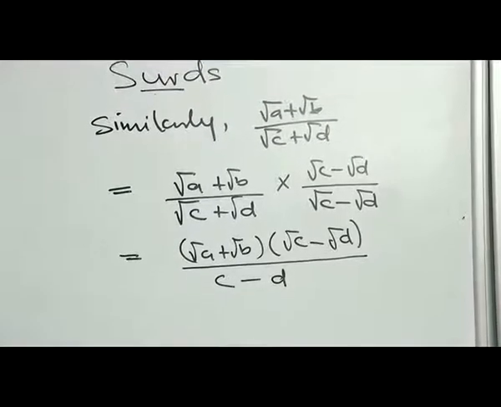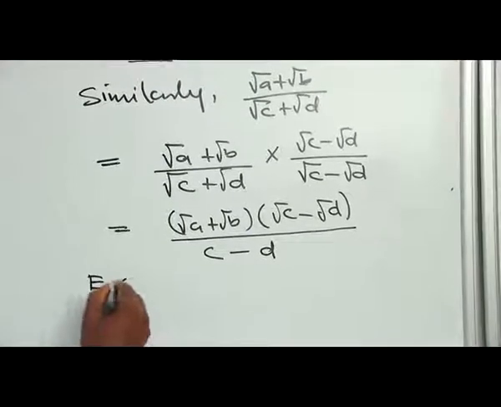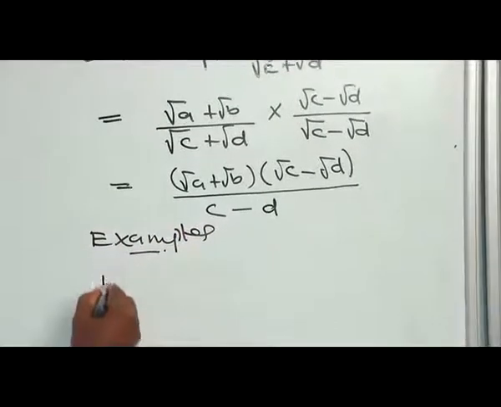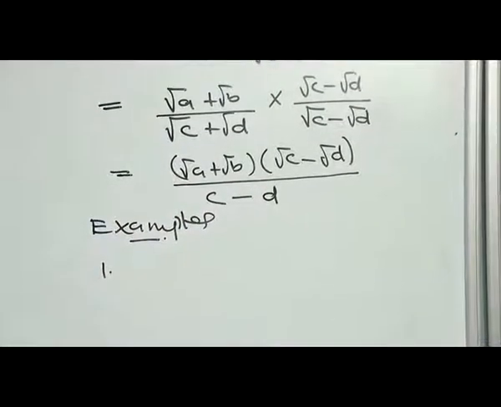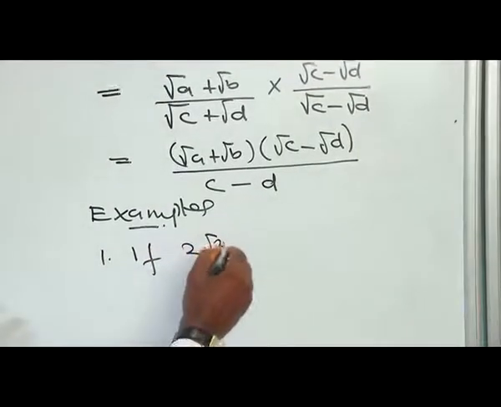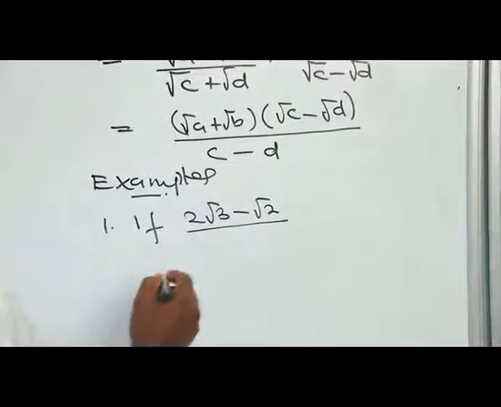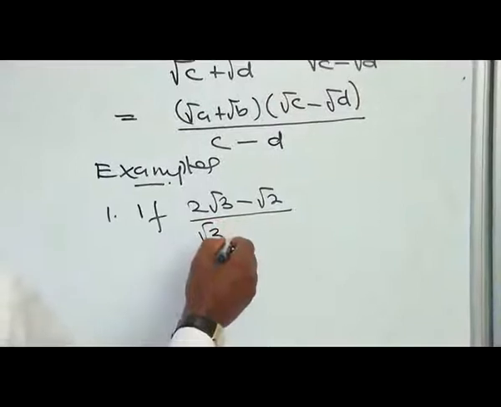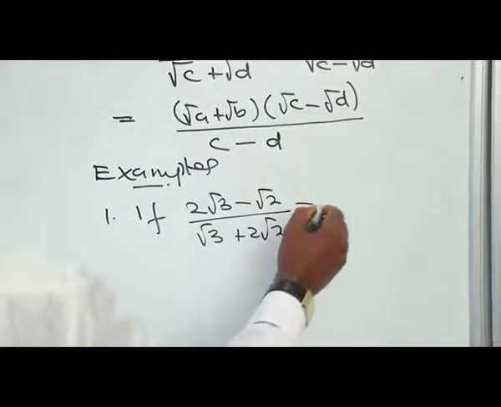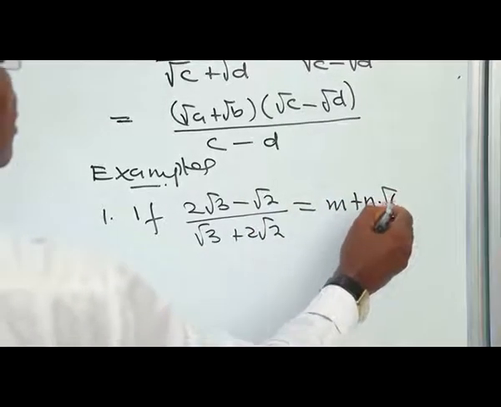We will now continue our discussion by looking at some examples. Let's look at some examples. The first example will be if 2 root 3 minus root 2 all over root 3 plus 2 root 2 is equal to m plus n root 6.